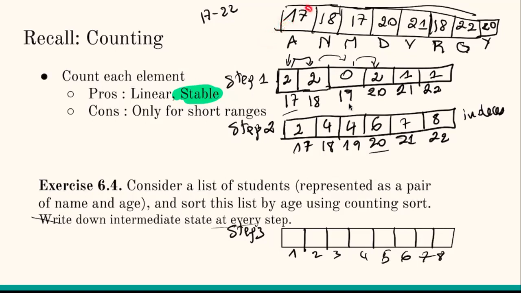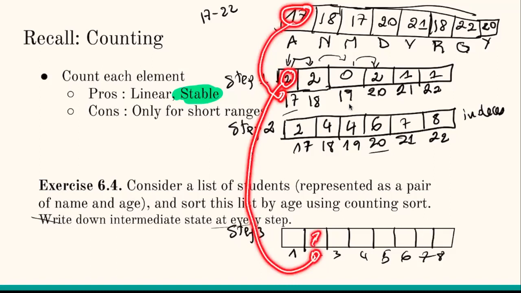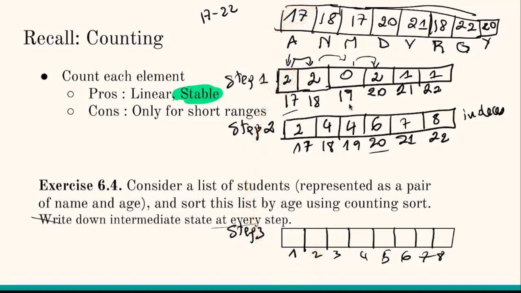So if you have here 17, okay, we read index 17 of the index array, and this value tells us what's the index where we put 17 in the final array. Does that make sense? So I go to my input sequence. For every number that I have there, I read the index and I copy that value to that index. Okay? And I move to the next element.